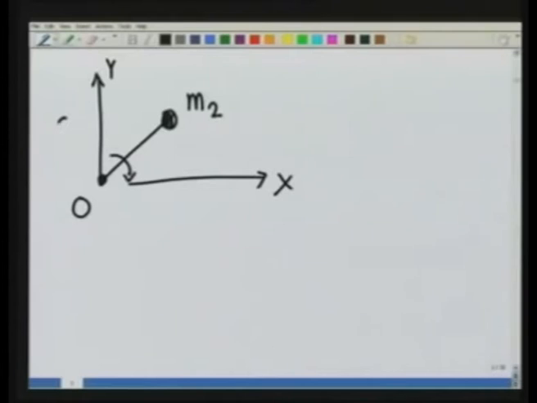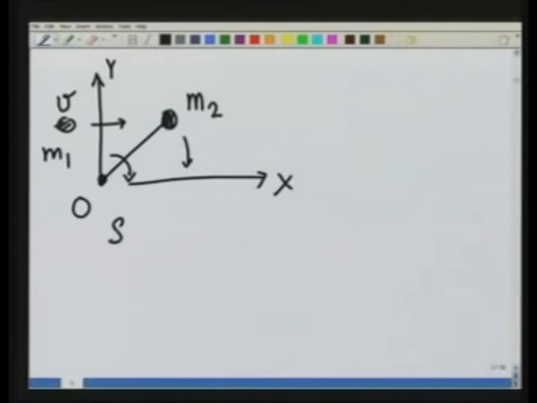There is a mass m1 that is travelling in this direction with speed v and it strikes mass m2. What I would like to know is, if mass m1 got stuck with m2, what will be the angular speed of rotation of the system? After all, when mass m1 hits m2, this rod being rigid, it cannot go up and down. The only freedom it has is to move like this.